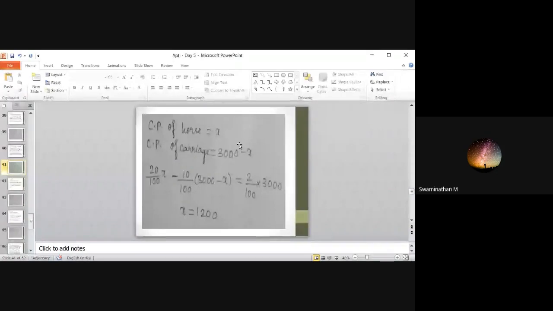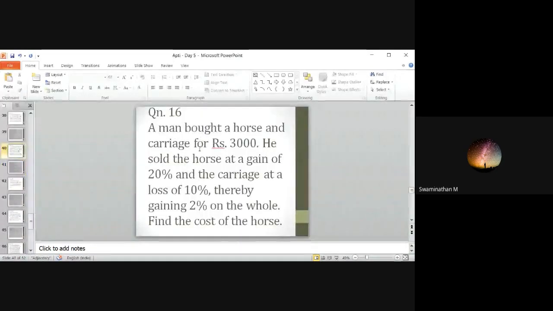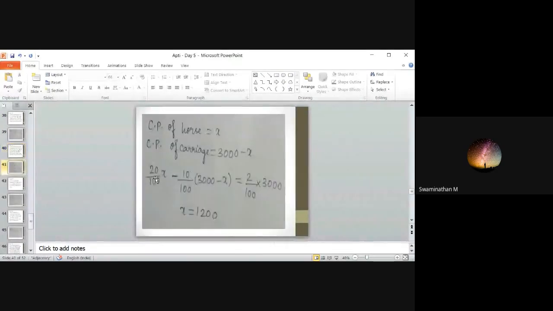Now, 20% gain by selling the horse and 10% loss by selling the carriage. 20% of x is the gain, that is 20% of the cost price of the horse. And by selling the carriage, you are losing 10%, so minus 10% of the cost price of the carriage.